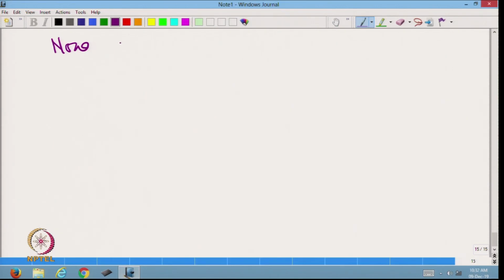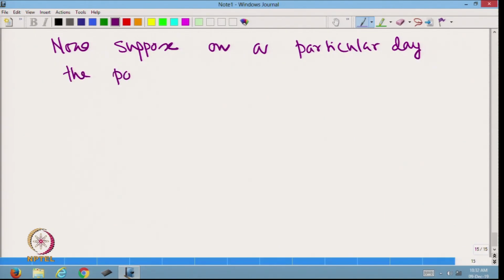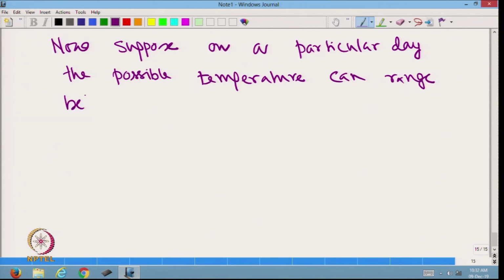Now, suppose on a particular day the possible temperature can range between, say, 10 degree Celsius to 25 degree Celsius.